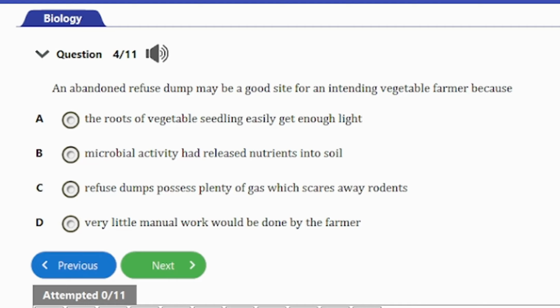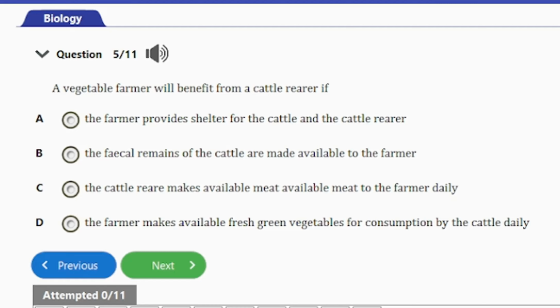So guys, the answer to this question is option B. Microbial activity has released nutrients into the soil. So let's consider the next question.